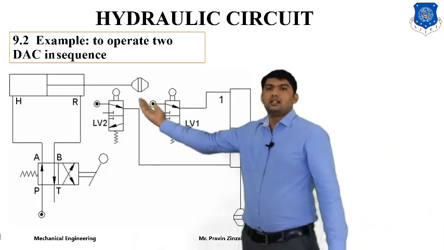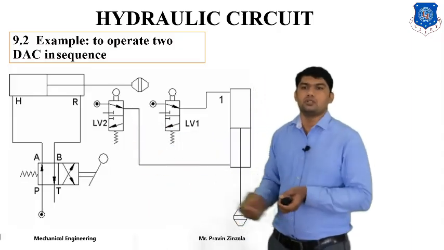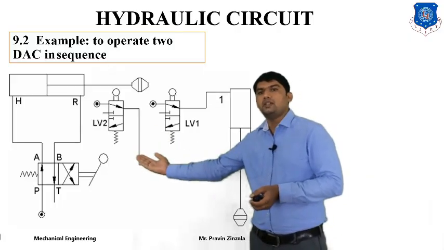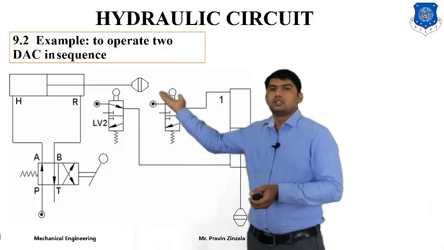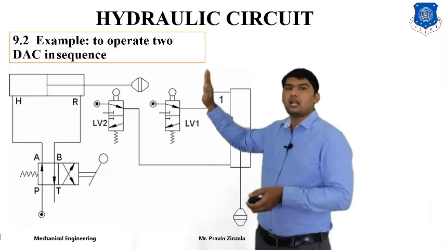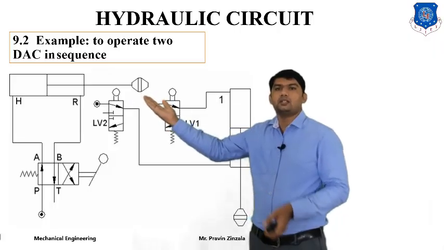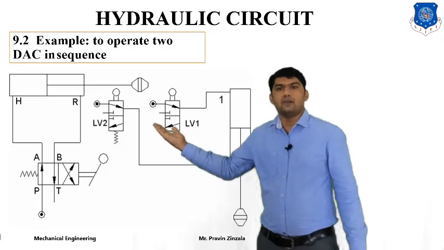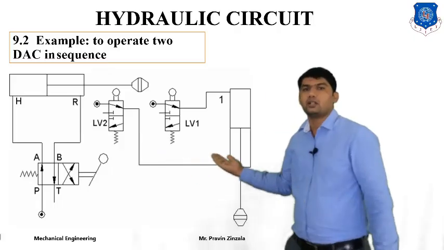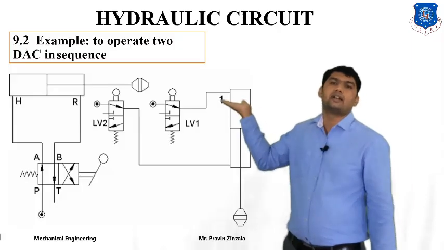At the same time, in cylinder number 1, fluid will pass from R to B and B to T. So what happens in the second position? Whenever we manually apply force to the 4/2 direction control valve, P will be connected to B. So cylinder number 1 starts to retract, means this spool starts to move back, and at the end of retraction it applies force to limiting valve number 2, and limiting valve number 2 starts, means fluid will be supplied to this cylinder, and cylinder number 2 will start to retract.